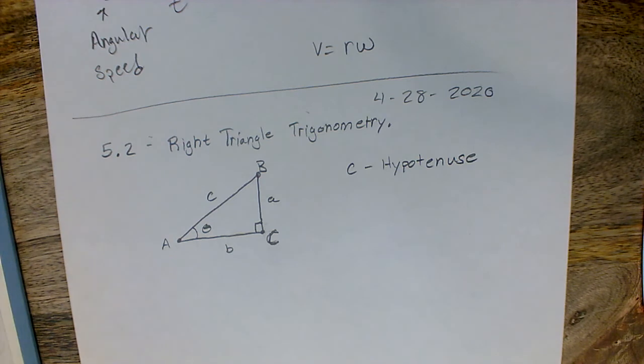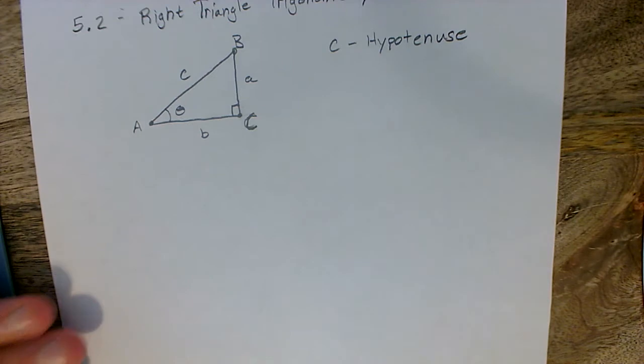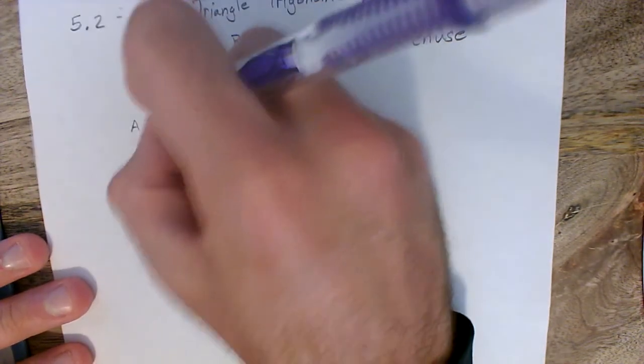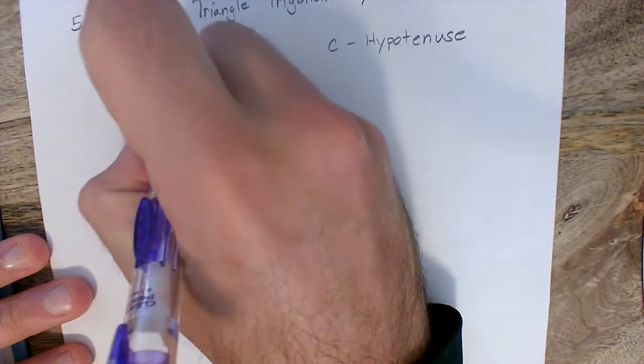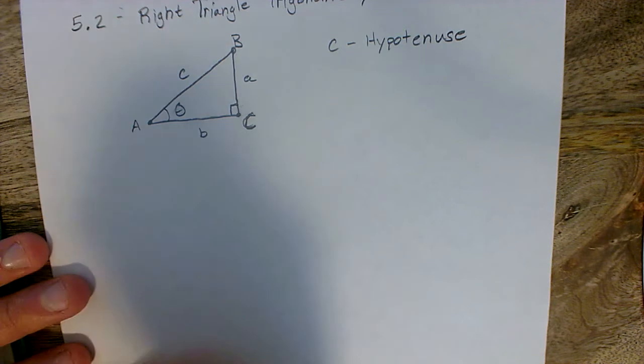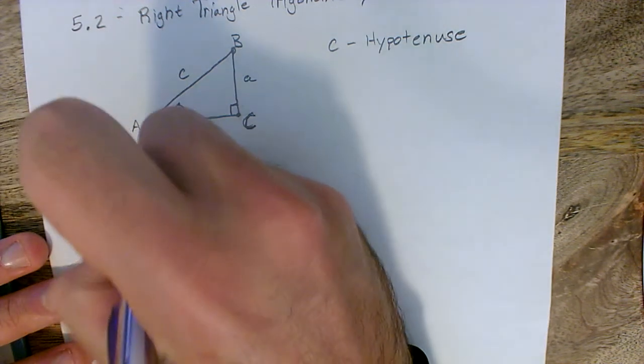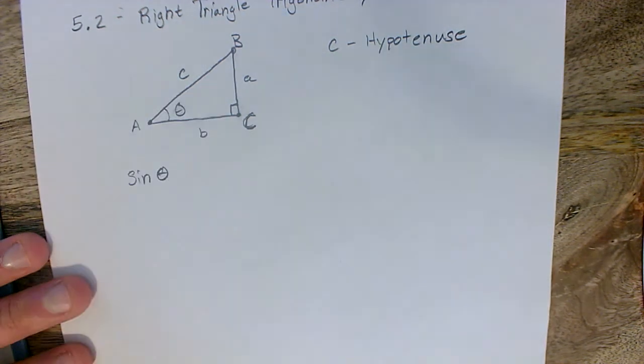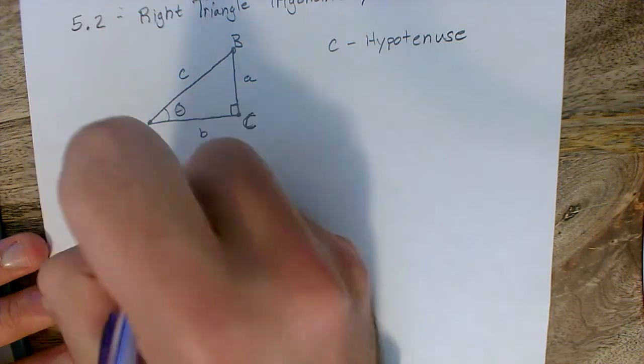Okay, so we're going to introduce the definitions of sine, cosine, tangent, and the other three, cosecant, secant, and cotangent. So the sine of theta, remember, sine is a function, so you have to put an input into it.